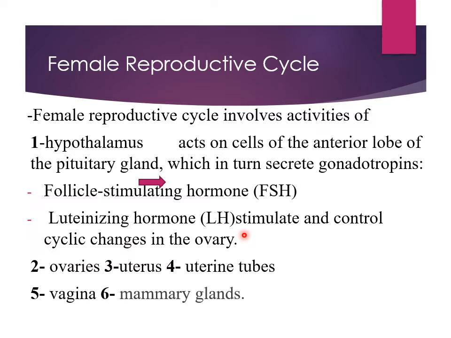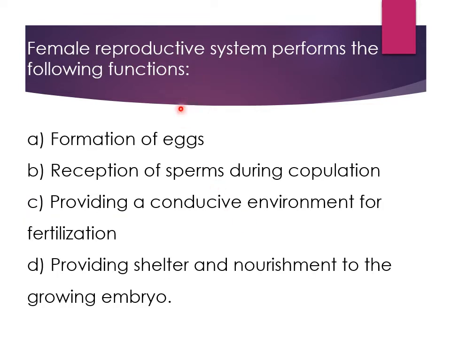These two hormones are responsible for stimulation and control of the cyclic changes in the ovaries. The functions of the female reproductive system include formation of eggs, reception of sperm during copulation, providing a conducive environment for fertilization, and providing shelter and nourishment to the growing embryo.